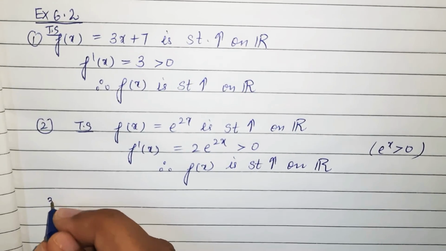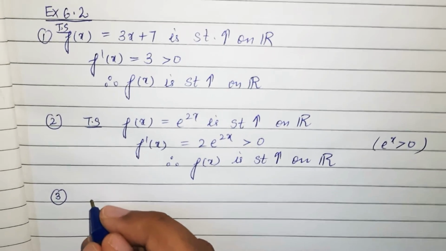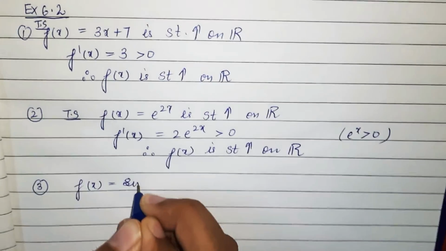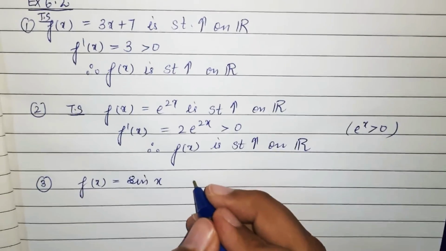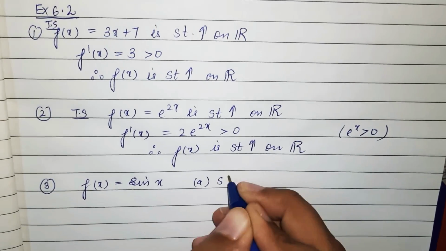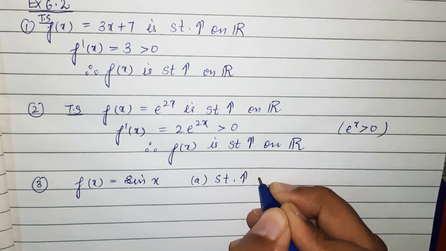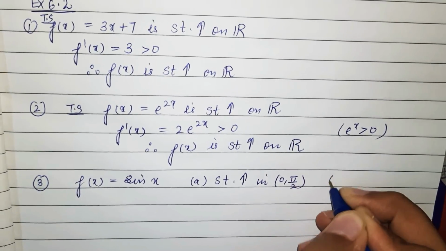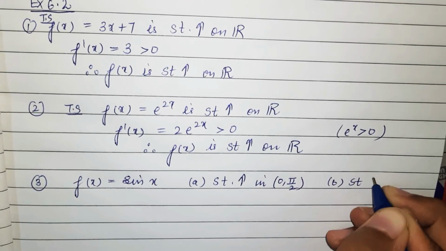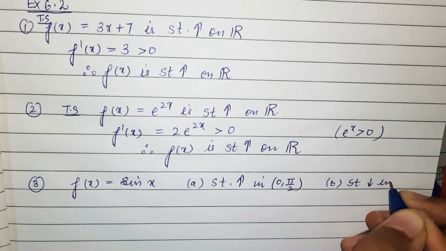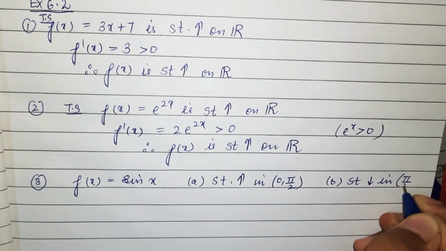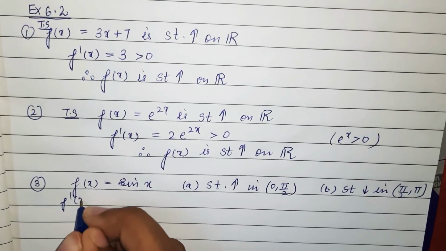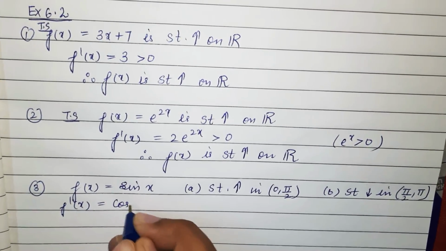In question number 3, they are saying show that the function f(x) equivalent to sin x is given. We need to prove that in the A part it is strictly increasing in the interval 0 to pi by 2, and in the B part strictly decreasing in the interval pi by 2 to pi. If I talk about f dash x, I am getting cos x.